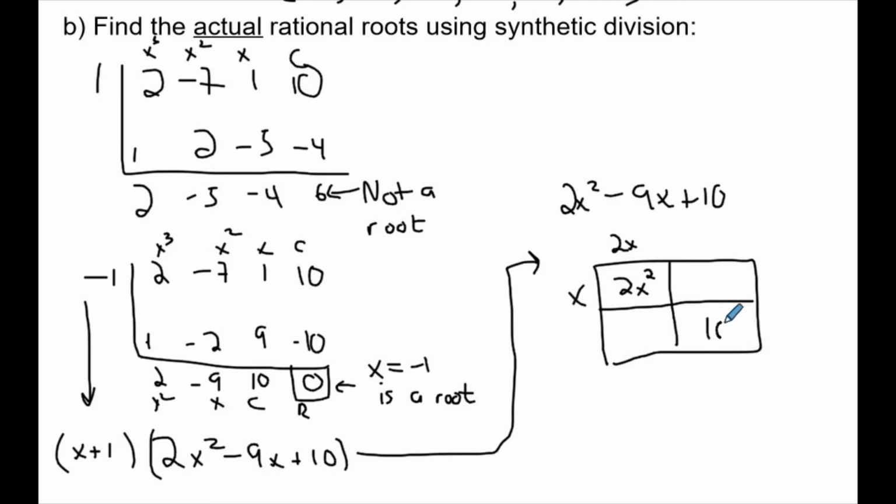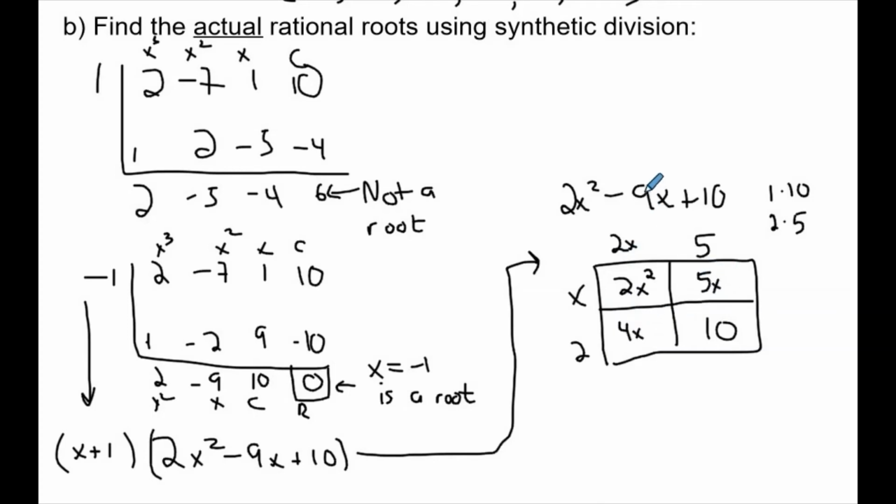This has to be 10. So the factors of 10 are, again, 1 times 10 or 2 times 5. I'm going to try 2 and 5. Remember the rule about factoring: you cannot put a 2 here because you've created a GCF. So the only thing we can do is put a 5 here and a 2 there. That'll give us 4x, and this will give us 5x.